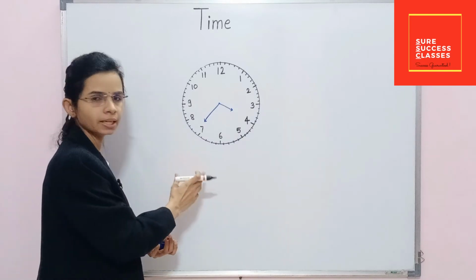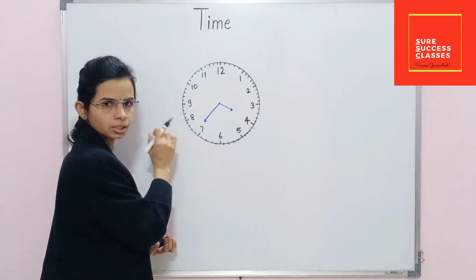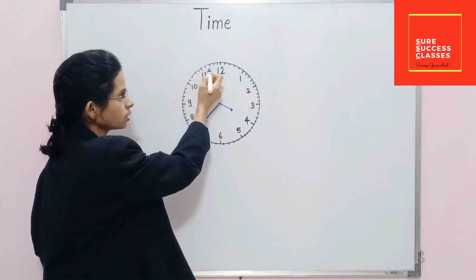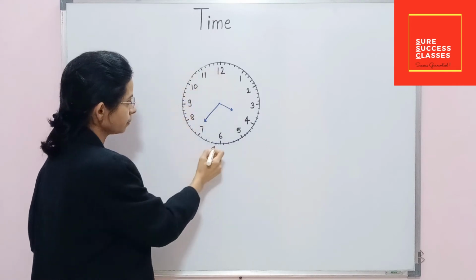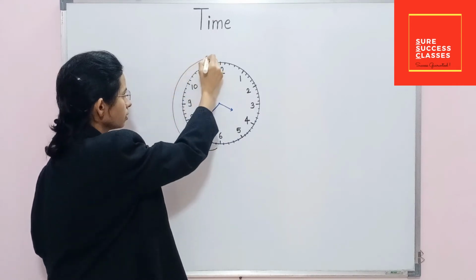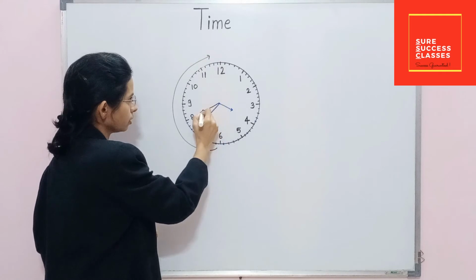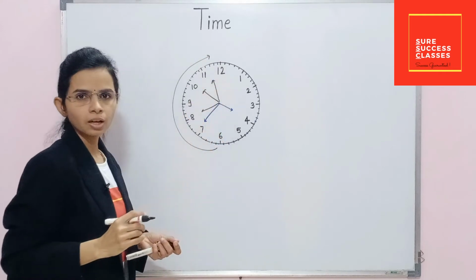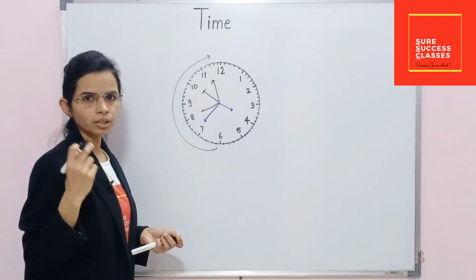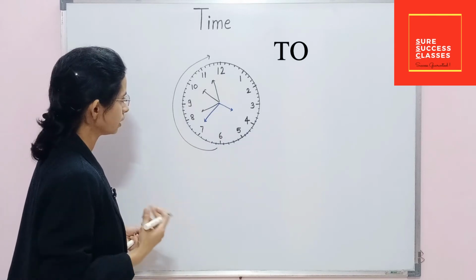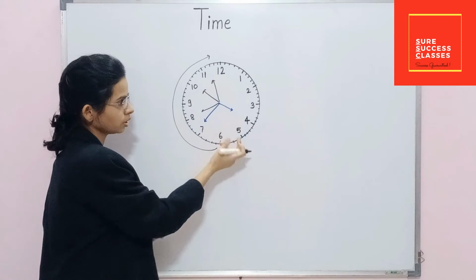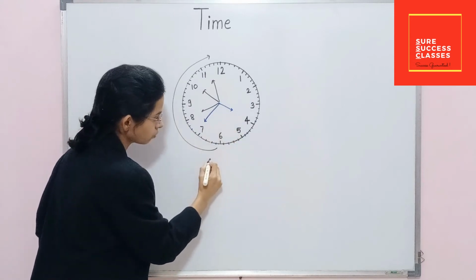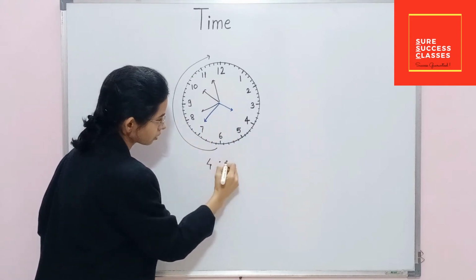Students, when the minute hand passes through 6 and moves towards 12, it may be here, here, here also. At that time we will use the word 'to' to tell the time. Here if you see in the clock, the time is 4:35.